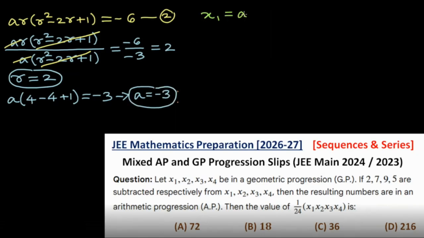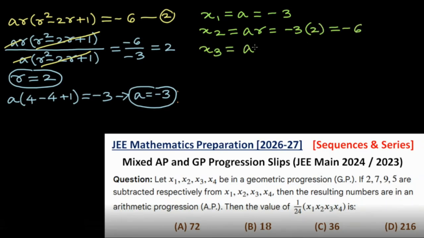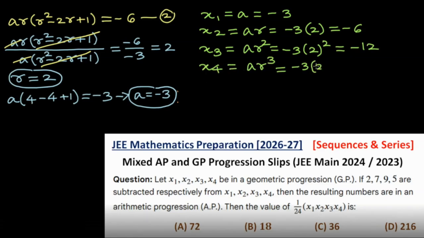Now we write the four numbers. x1 is a, minus 3. x2 is ar, minus 3 into 2, minus 6. x3 is ar square, minus 3 into 2 square, minus 12. And x4 is ar cube, minus 3 into 2 cube, minus 24.